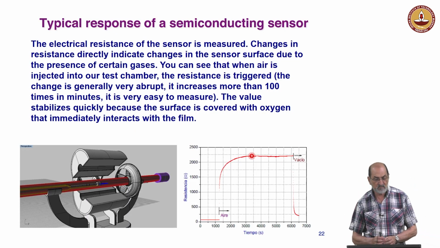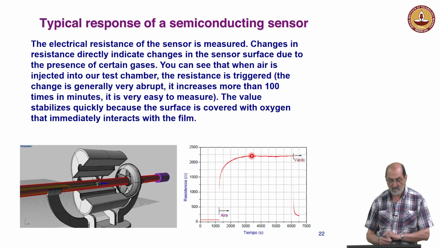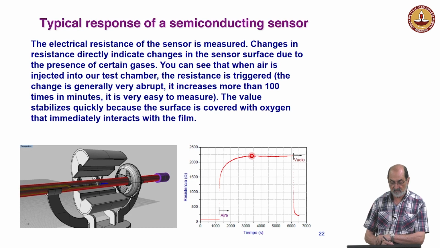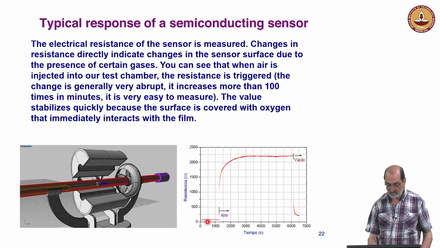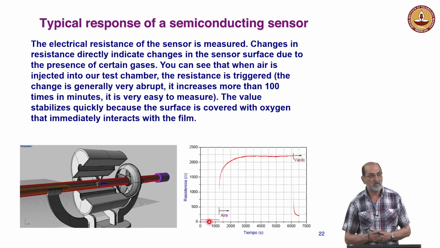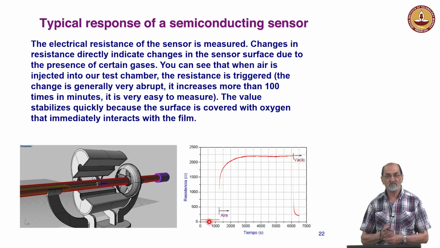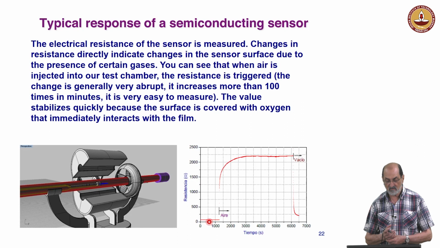What is the typical response we found for our sensors? We found immediately that the resistance of the sensor changes abruptly when we change the amount of oxygen in the environment. If we start from a situation of vacuum, and we say vacuum, but for people working in ultra-high vacuum, this is not vacuum, it's about 10 to minus 3, 10 to minus 4 torr.